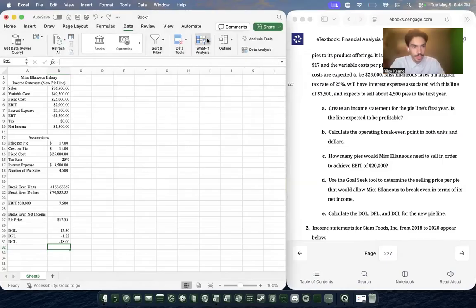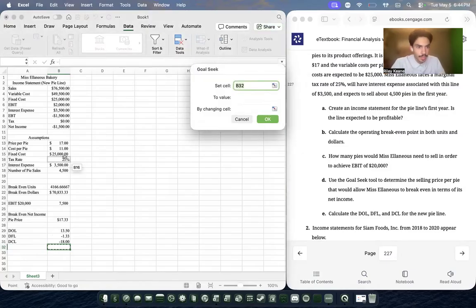And the last one I would like to try is changing the number of pie sales. Whoops, not the number of pie sales. Net income to, let's say, 10,000 by changing the number of pie sales.